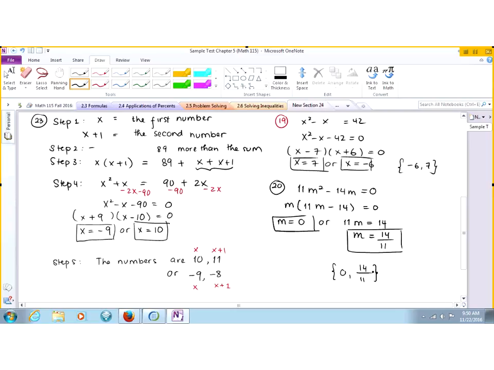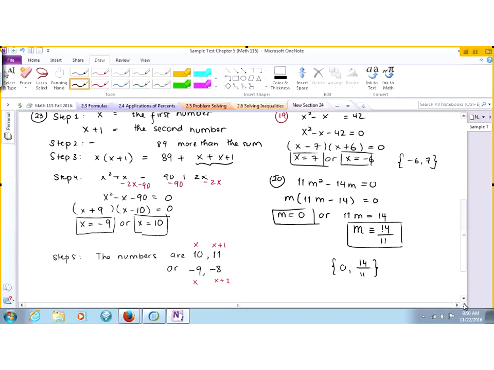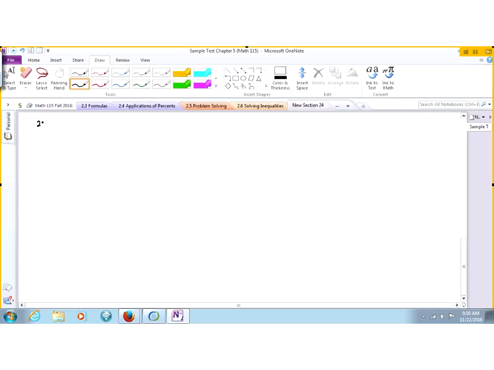Next. Doable? Okay. So next, number 21. What if I have 3x times x plus 5 is equal to 2x minus 6 times x plus 5? So what do we do first? We distribute.